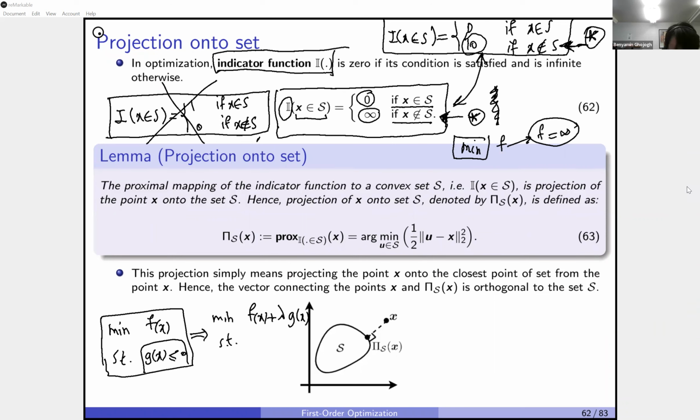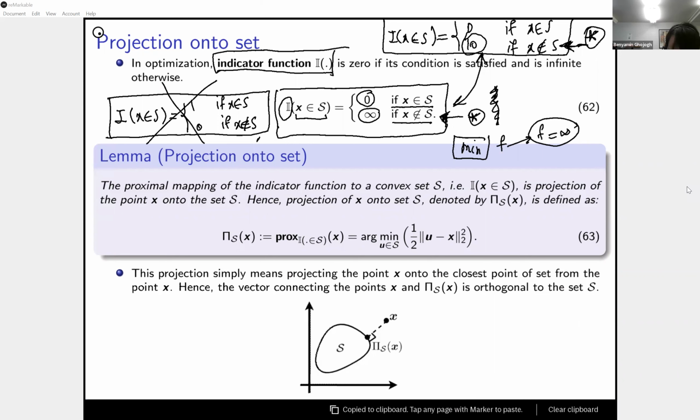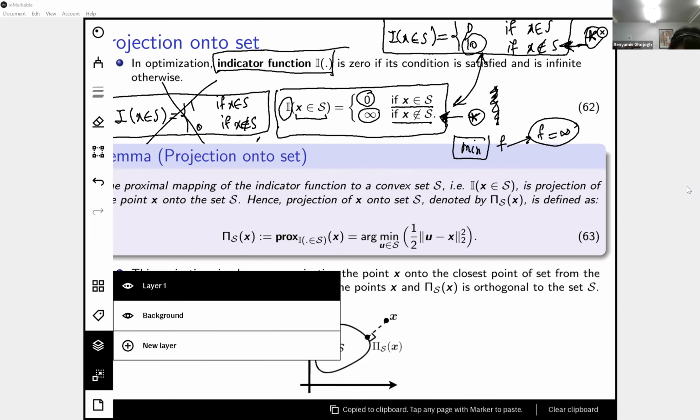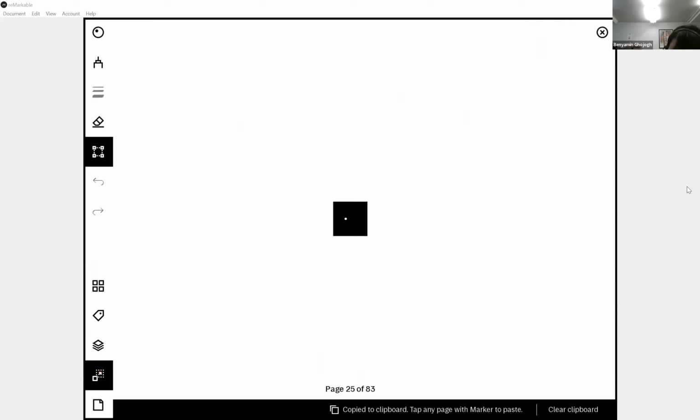subject to, I think it's better for me to write it in another page. Give me a second. This is an important concept, not related just to this part. It's related to all optimization algorithms that I'm talking about. Let me think. Where am I? Okay, I think I jumped to another page.